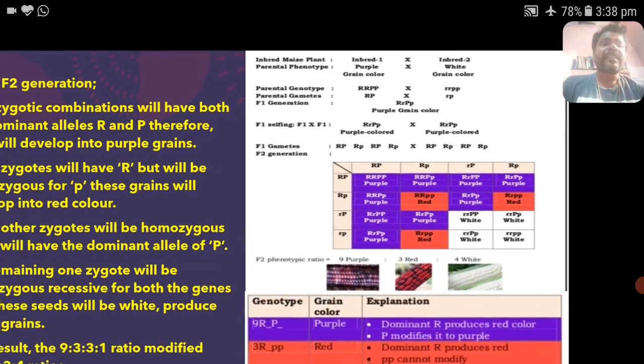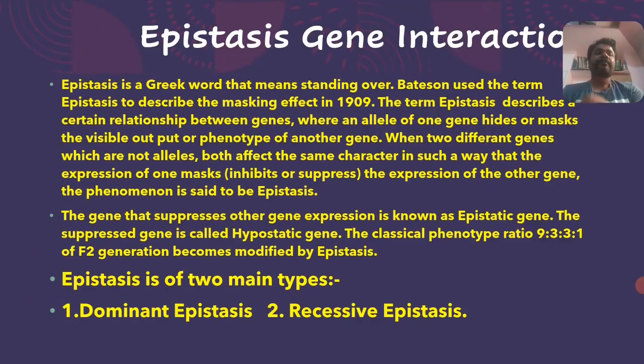The supplementary gene interaction. Then coming to the next one, the third example of non-allelic gene interaction, that is epistasis. Epistasis is a Greek word that means standing over, to suppress one and stand over the suppressed gene. Bateson used the term epistasis in 1909 to describe the masking effect.